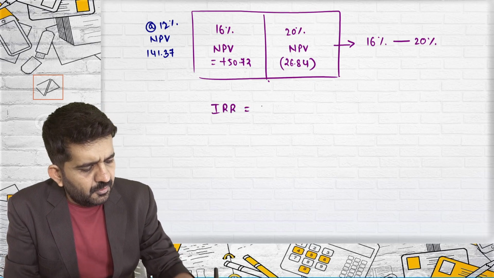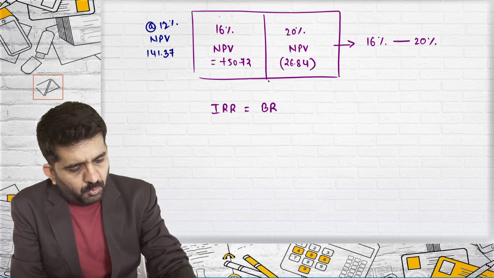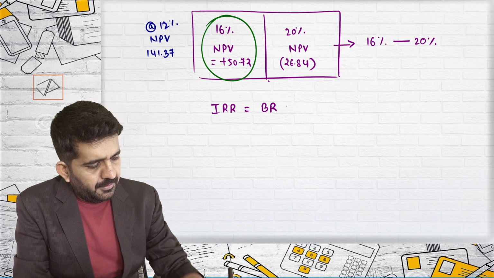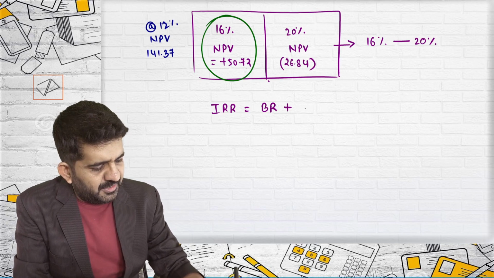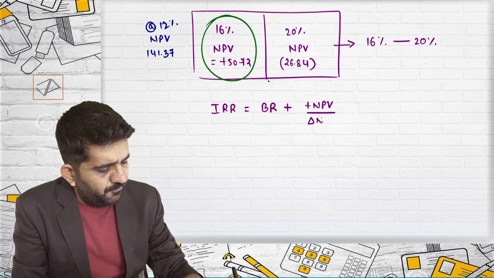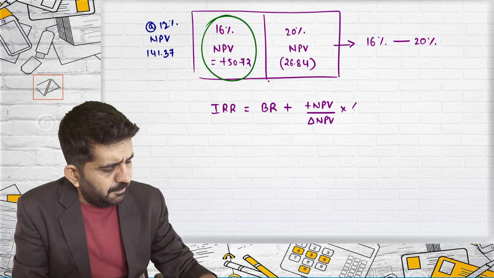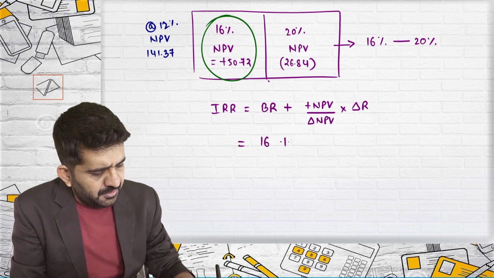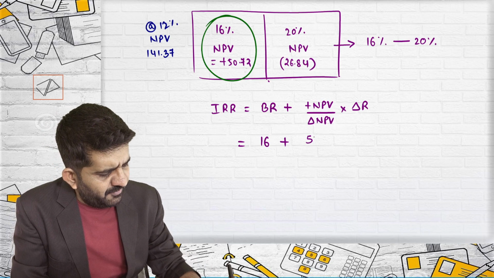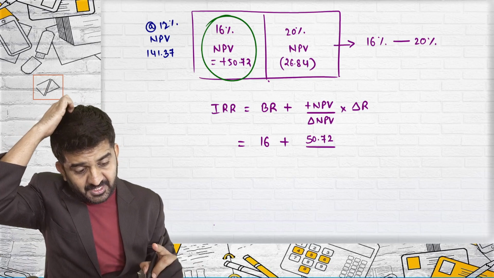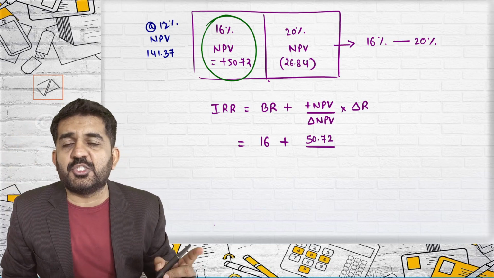IRR is equal to base rate. What will be taken as base rate is 16%, plus positive NPV divided by difference in NPV multiplied by difference in rate. Base rate is 16 plus positive NPV is 50.72. What is the difference in NPV? 50.72 minus 26.84.